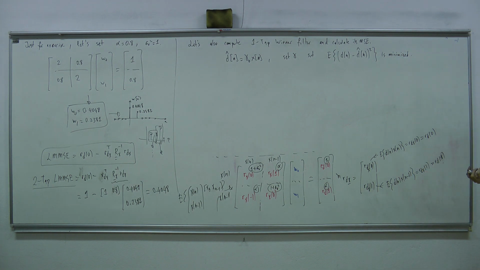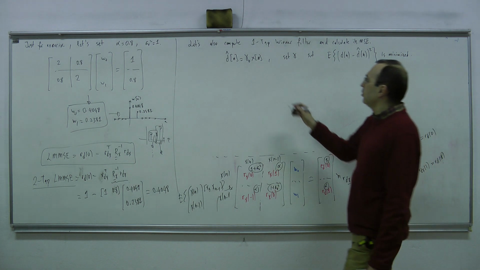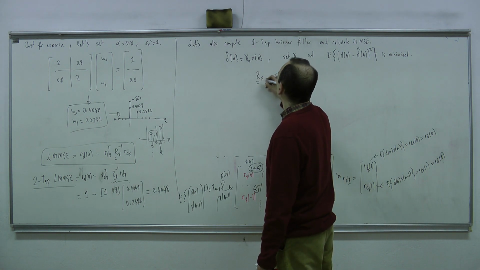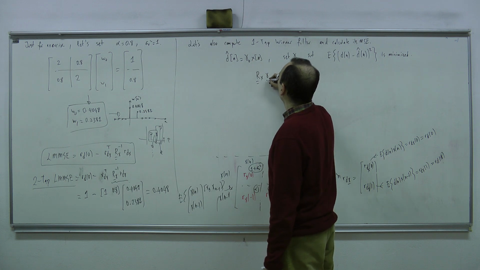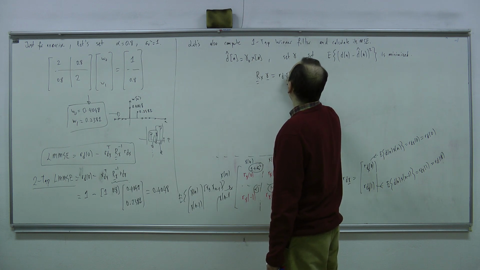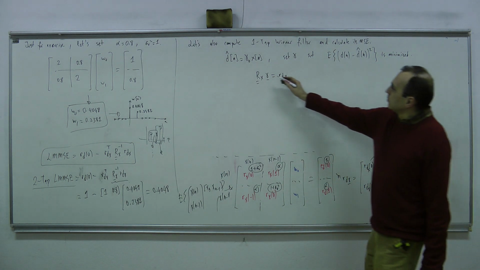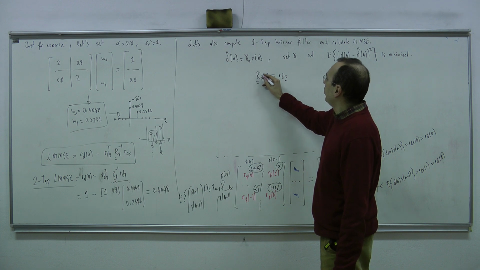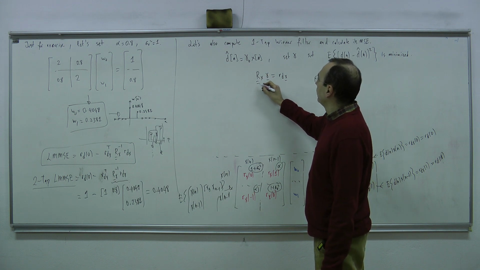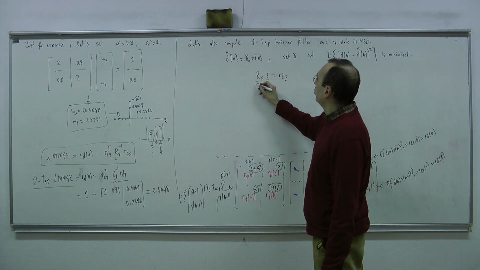Okay, that is it. So again, Rx times the unknown vector equals Rdx. But of course, this is a one-dimensional vector, so I have only x(n) times x(n) over here.